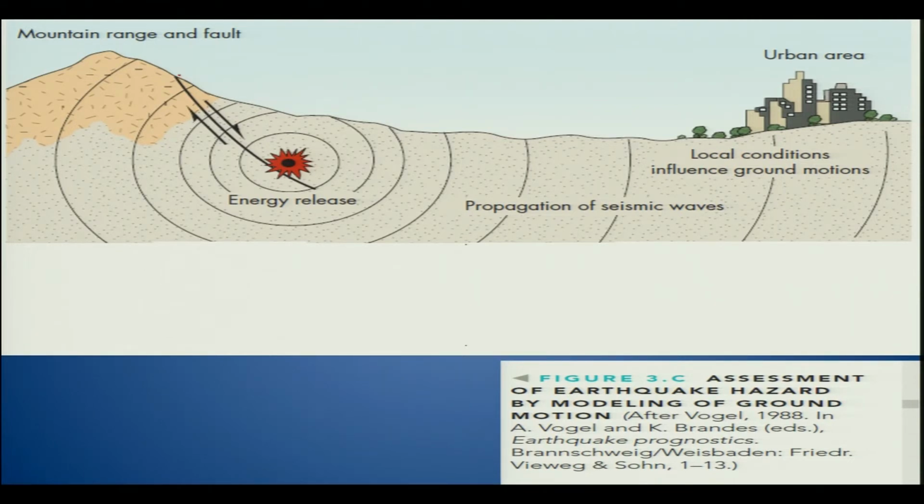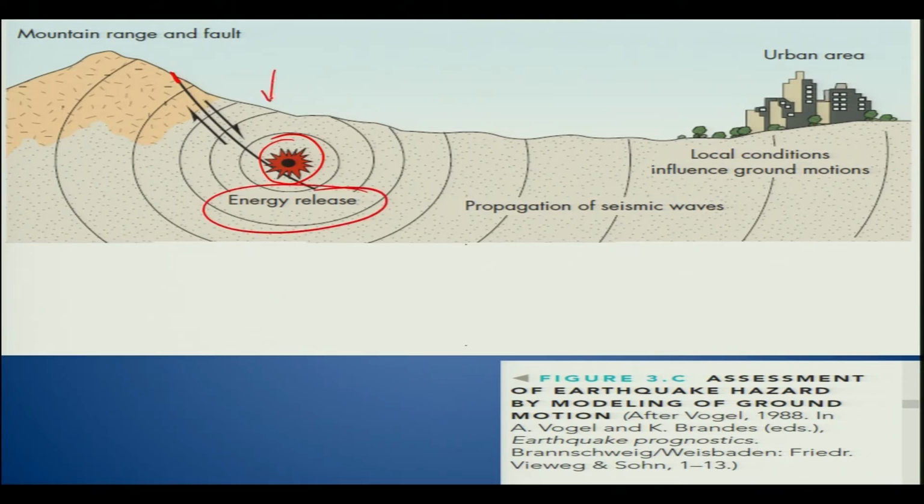Here what we see is a normal fault, this block is going down, but this is the expression of the fault on the surface, and this is the depth of an earthquake and the propagation of the seismic wave. Energy has been released, the maximum energy has been released here.